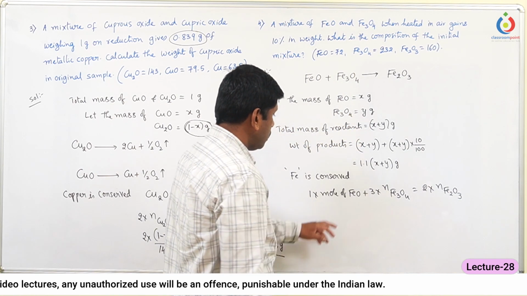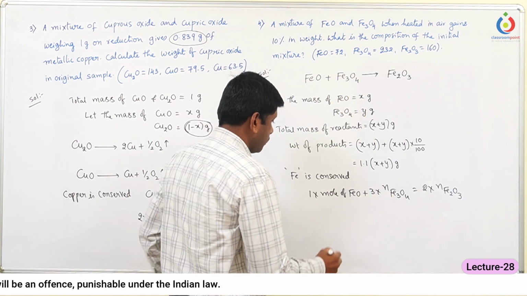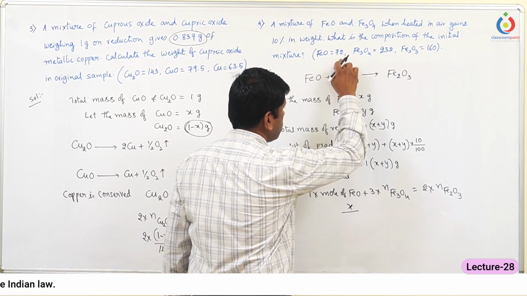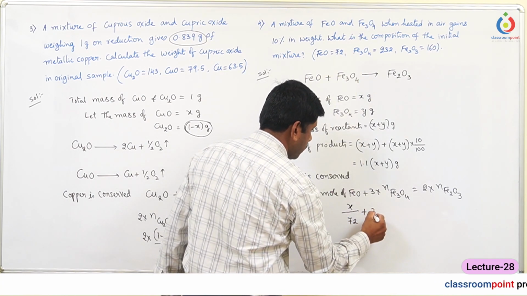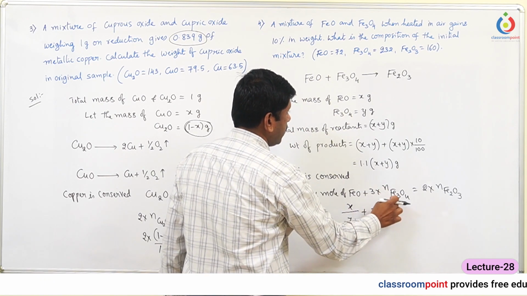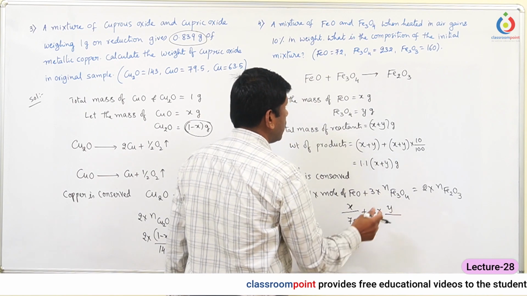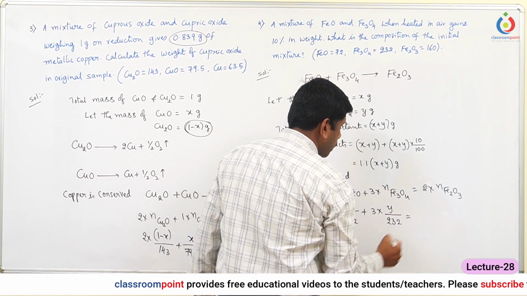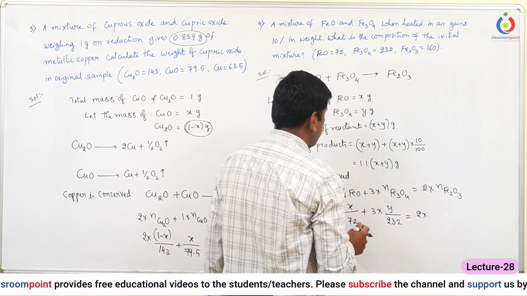Fe2O3. So FeO 1 mole, its mass x grams and its molecular mass 72, plus 3 into Fe3O4, mass is y grams and its molecular mass is 232. That equals 2 into number of moles of Fe2O3.